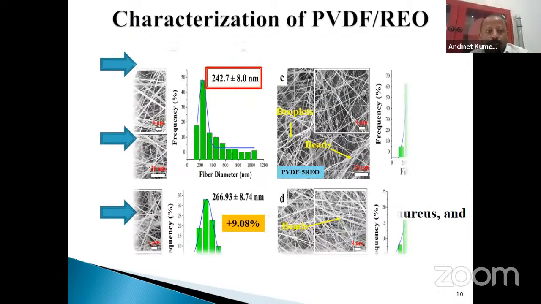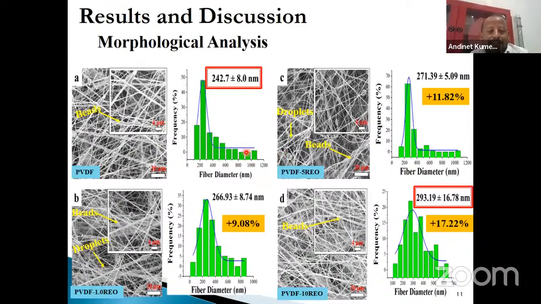When we come to our morphological analysis, based on the morphology and the fiber diameter distribution, here, as the orange color indicates, increasing the oil concentration tremendously increases the fiber diameter.